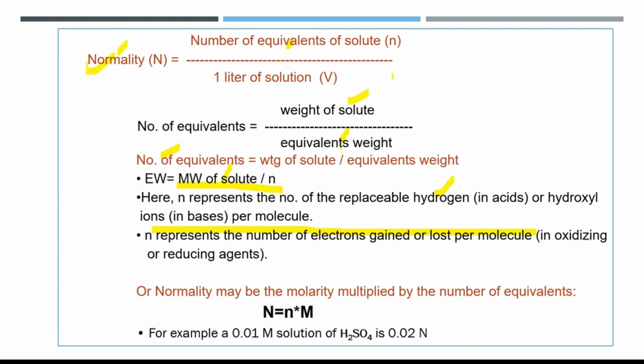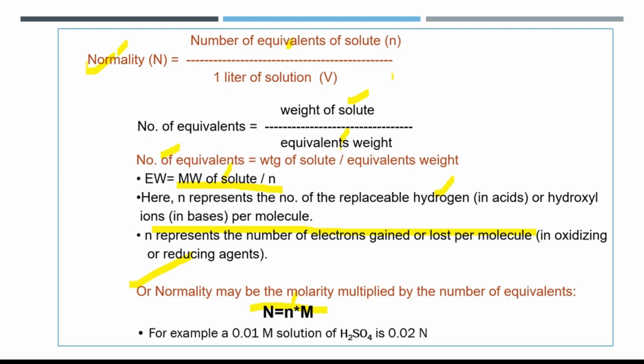This is one way we can calculate the normality, by taking the number of equivalents, and there is another way to calculate the normality if you know the molarity of that solution. If you know the molarity, then simply apply this equation: capital N is equal to small n multiplied by molarity, where small n is the number of replaceable hydrogen ions or hydroxyl ions.